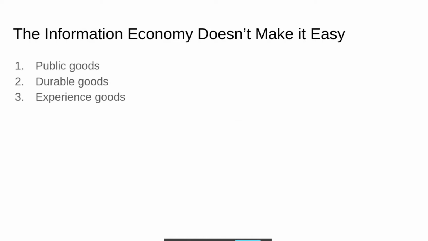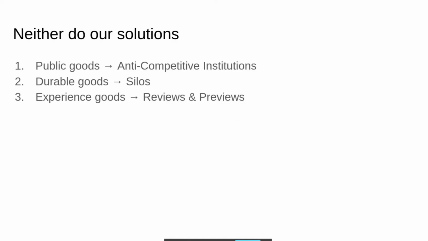Information goods are hard to value without consuming them. I'm not going to, for example, buy a book, or I'm less likely to buy a book if I know nothing about its contents, how it's written. Of course, there are solutions, but the solutions don't necessarily make it easy either for a robust digital economy.